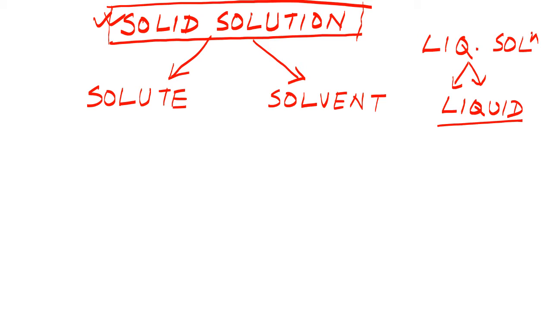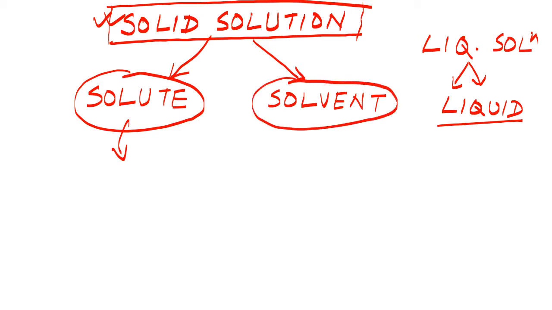So what is the solute? The solute is nothing but the foreign atom which is going to be added to the host atom. It is what will be dissolved in the solvent.